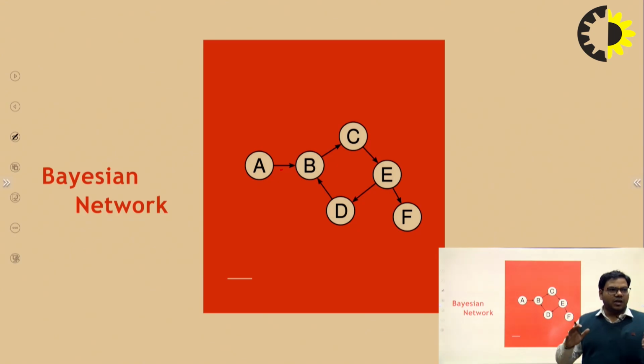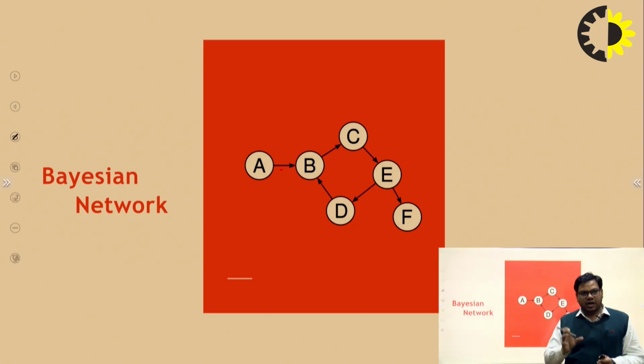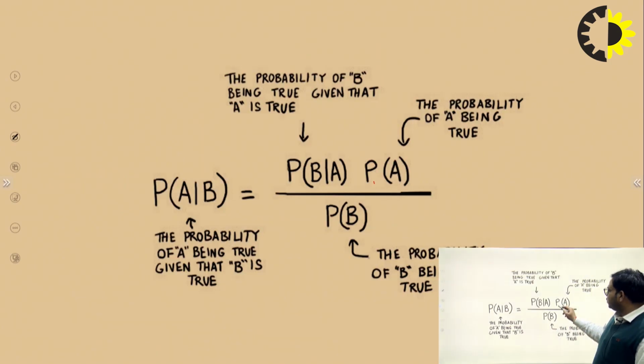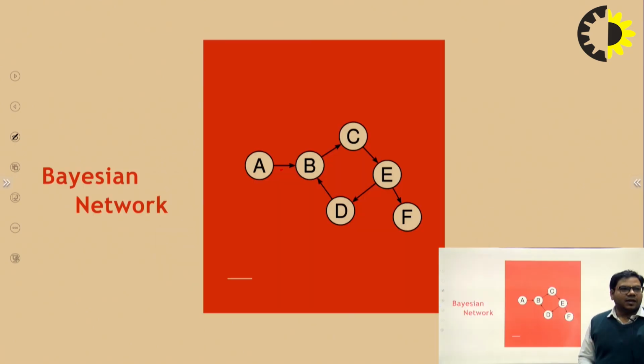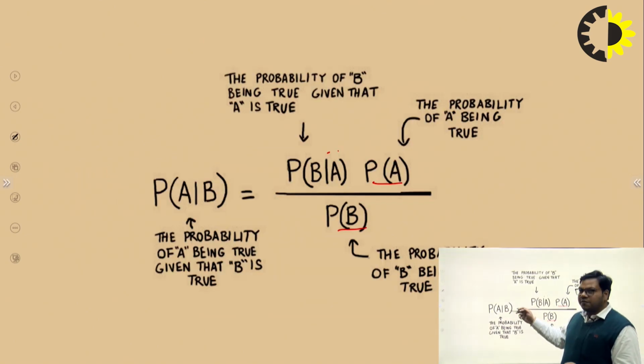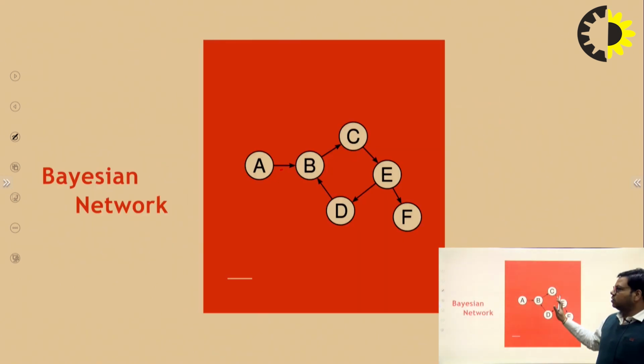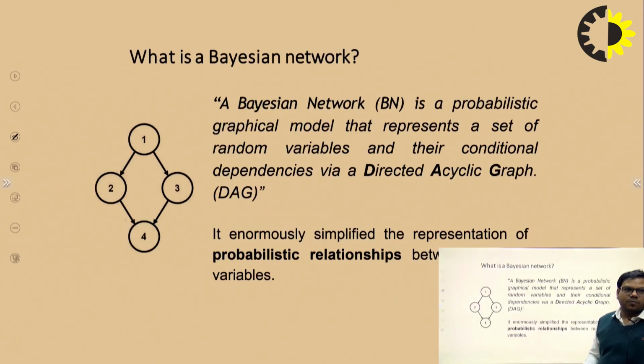Once I form the Bayesian network, I need to calculate the individual probabilities, P(A), P(B), and P(B|A). Then I can run inference on that model for P(A|B). So first I need to draw this Bayesian network out of my given problem.